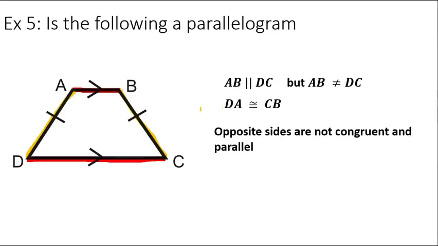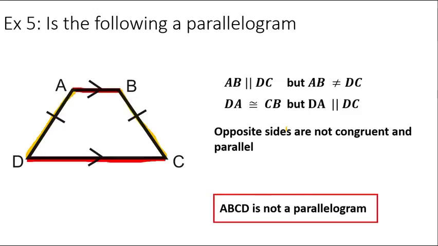So we say AB is parallel to DC, but AB does not equal DC. DA and CB are congruent to each other, but they're not parallel. So opposite sides are not congruent and parallel, so ABCD is not a parallelogram.